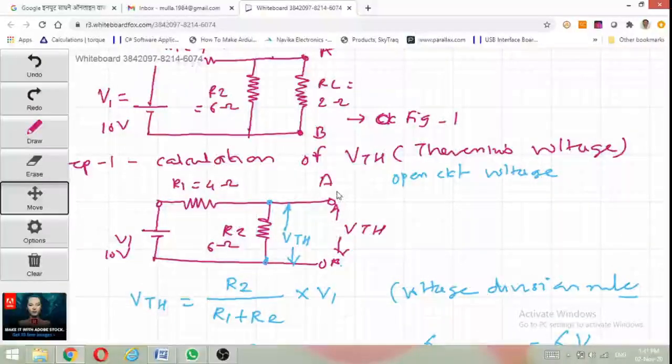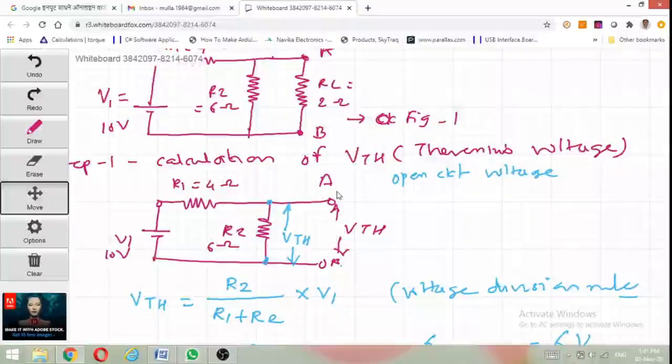Okay, by removing load resistor RL, the voltage is measured at terminals A and B. This voltage is similar to the voltage across resistor R2.